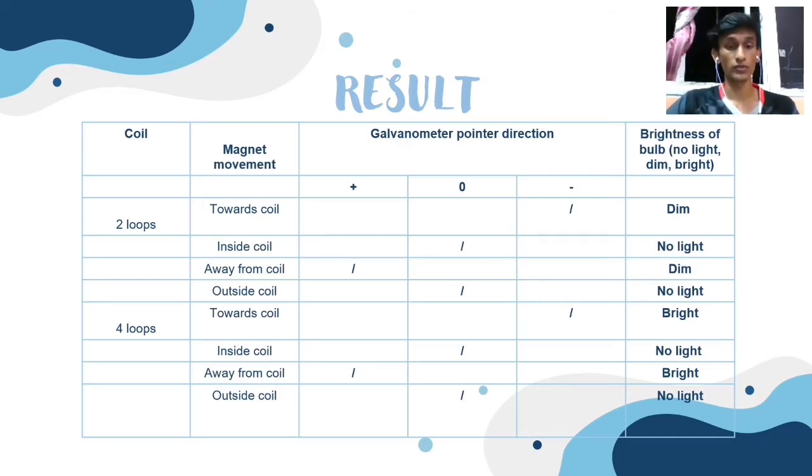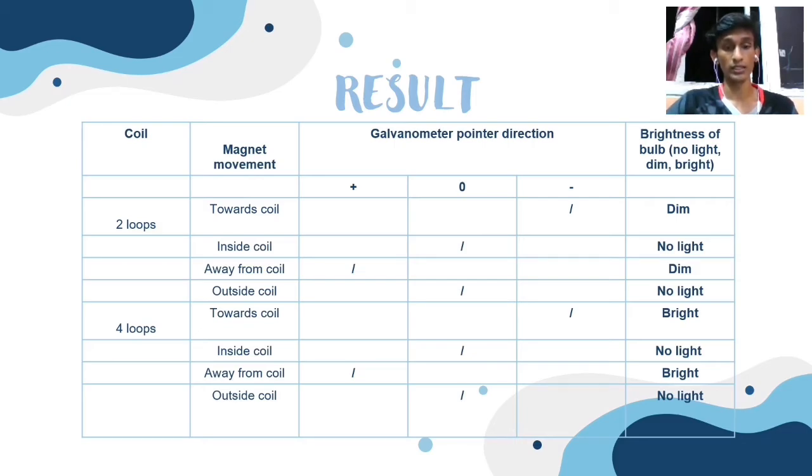For the 4-loop coil, when the magnet is moved towards the coil, the bulb becomes brighter and the galvanometer pointer is deflected to the negative pole.